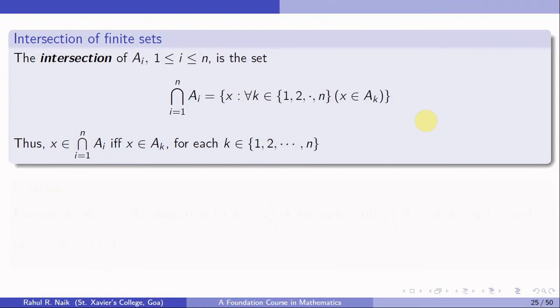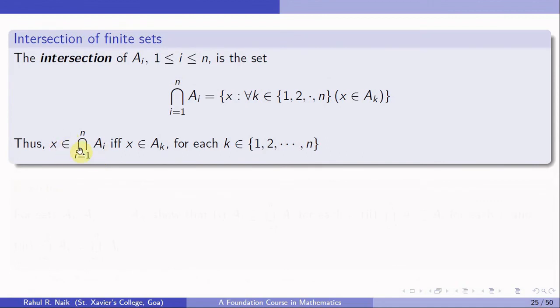So it is the set of all x such that x belongs to Ak for all k in the set 1, 2 till n. Therefore I say that x is in this intersection of Ai if and only if x belongs to Ak for each k running from 1 to n. That is the same as saying x belongs to each of these Ai.